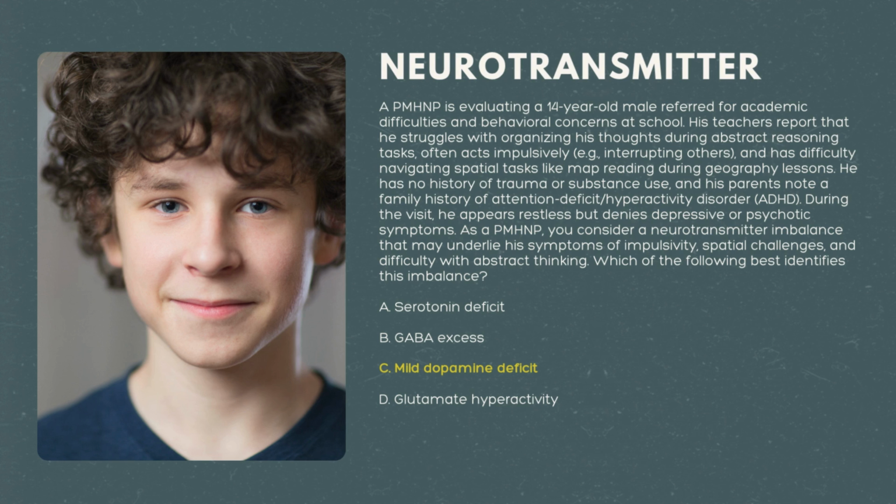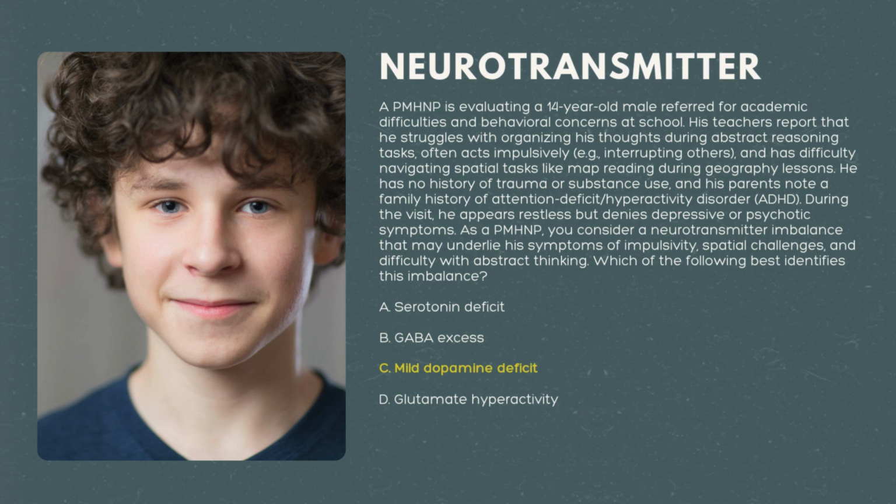So the patient's impulsivity, or interrupting others, this reflects reduced dopamine-related inhibitory control in the mesolimbic pathway, and that's your hallmark of ADHD. Spatial difficulties with the map reading, this stems from impaired visuospatial processing, linked again to dopamine deficits in the prefrontal cortex and the basal ganglia. And then we have abstract reasoning struggles.